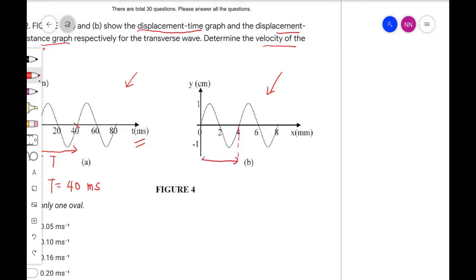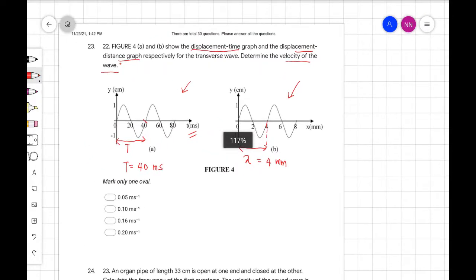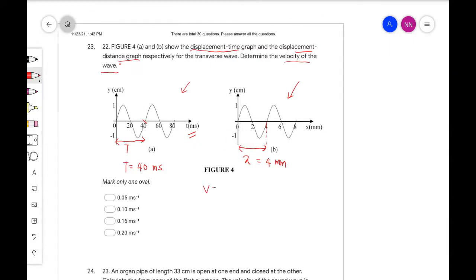Lambda from this graph is 4 millimeter. Then you can calculate the velocity of the wave. The velocity of the wave is given by V equals f lambda. Since f equals 1 over T, so V equals lambda over T.